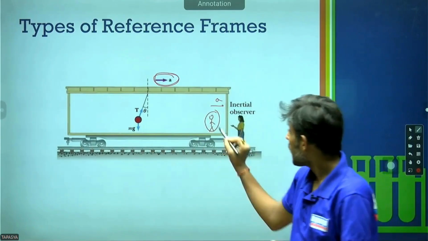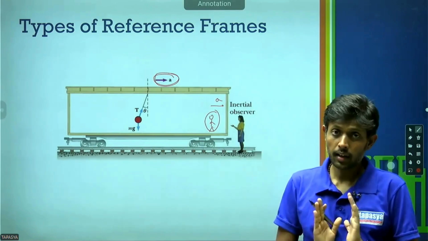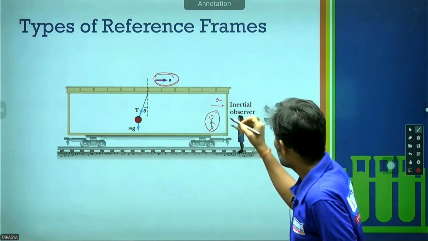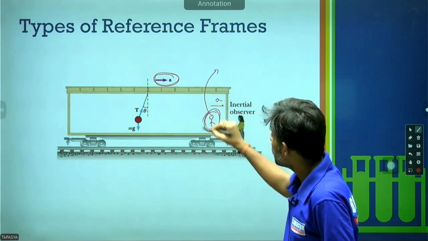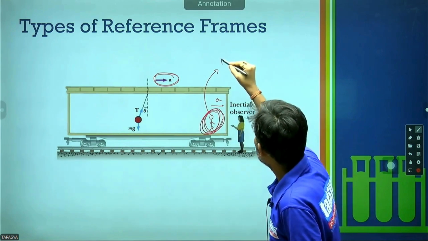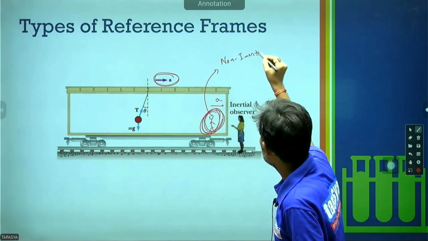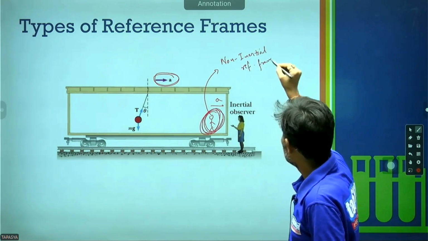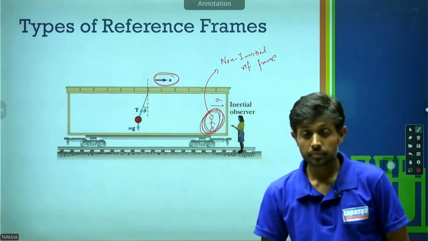So if now I'm looking from this perspective, I am accelerating. The reference frame itself is accelerating. So all the things observed from this reference frame would be things observed from a non-inertial reference frame, because this reference frame is accelerating.